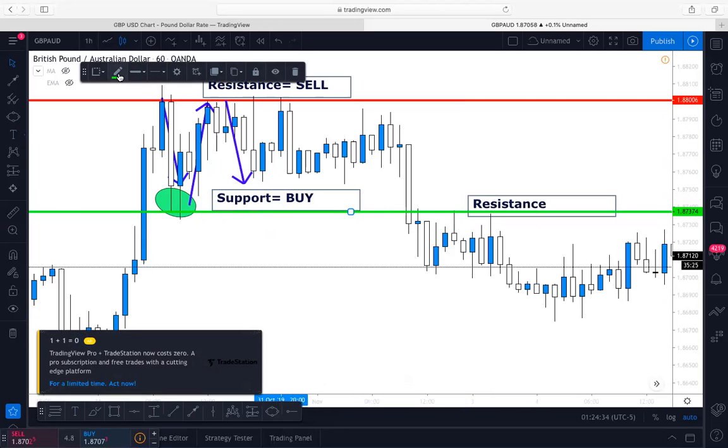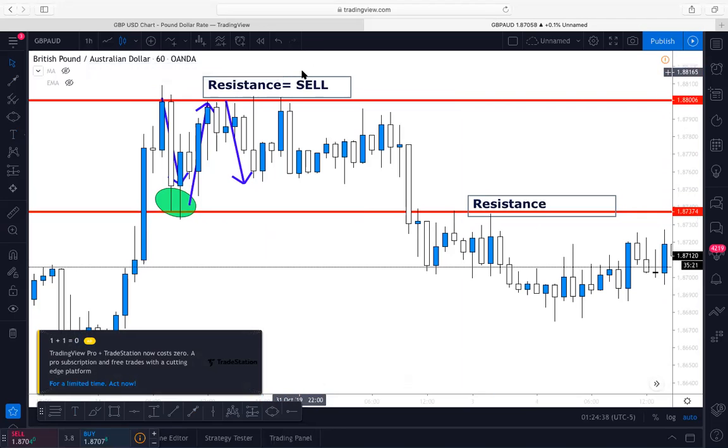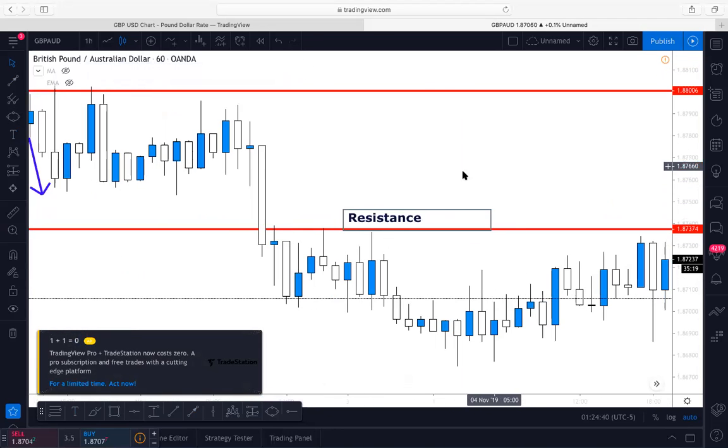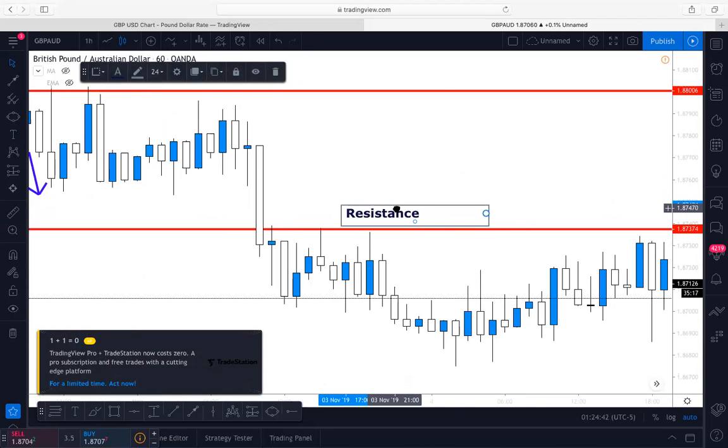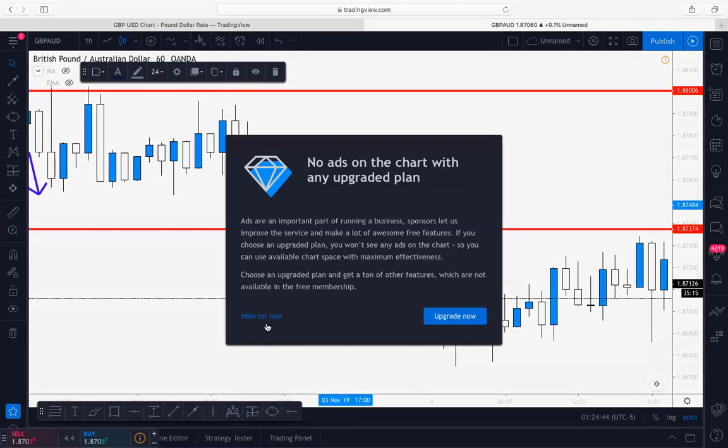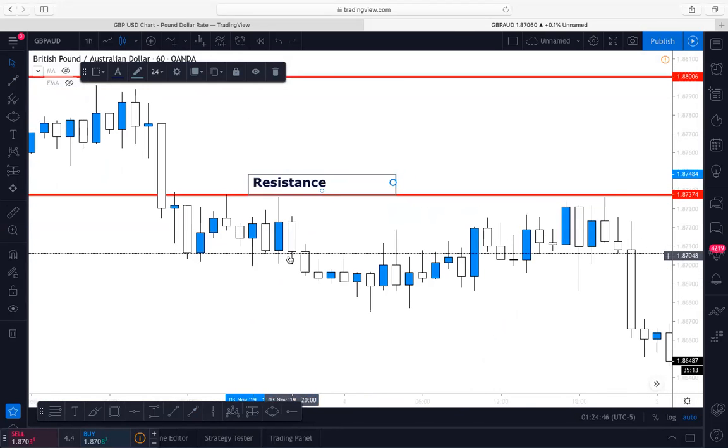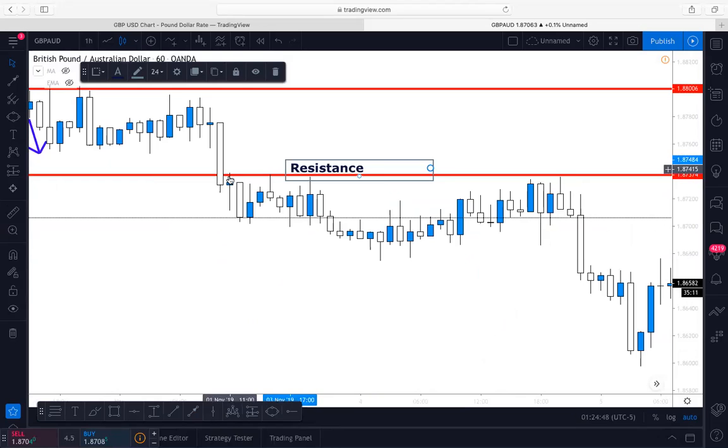This horizontal line now goes from a green line to a red line, right? So now that we found our new resistance, we need to find our new support level. As we can see here, it came to this price down here and it shot back up, right?